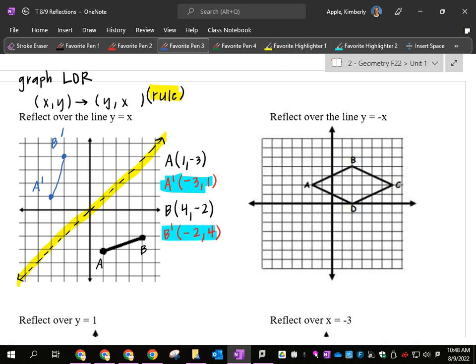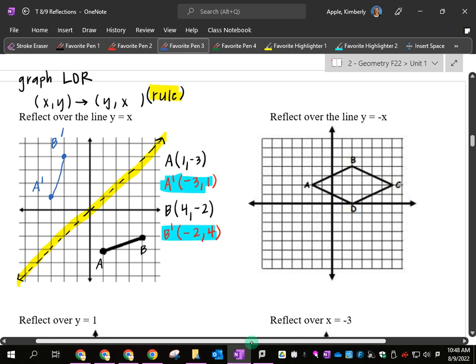Notice again, if you were to fold your paper on that yellow line, those two segments would match. Questions so far? A little tedious, but doable, okay?